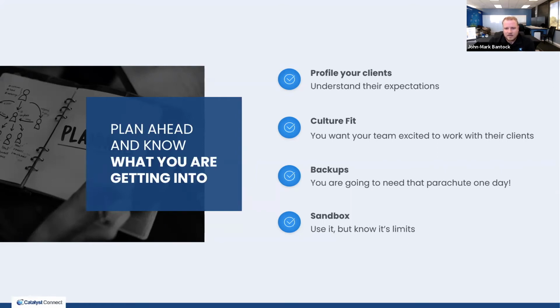I'd like to take a sec to chat about having these parachutes where you're limiting scope, you're getting some easy iterative wins without launching yourself into a 6 or 12-month engagement unless you're prepared for it. And having those backups so that if things go wrong, and believe me, they will go wrong at some point, you are able to restore or flip the switch and go back to where they were.